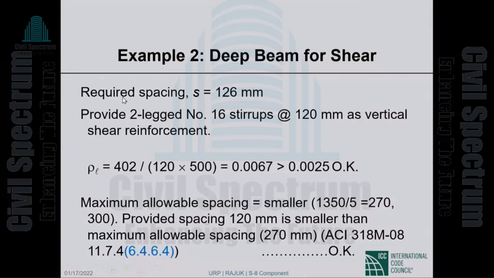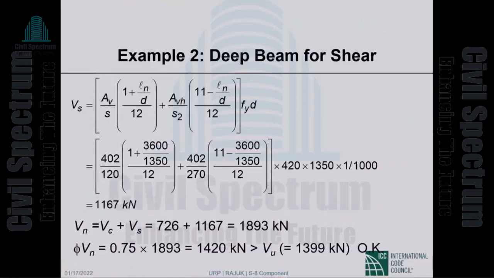That will give us a percentage of 0.0067, which is larger than the 0.0025 minimum that is needed, so that's okay. Maximum allowable spacing is 270, so 120 is totally fine. So we have decided on the vertical and the horizontal shear reinforcement. Now we will make a final check. V_s from this expression comes to 1167 kilonewtons for the exact vertical and horizontal reinforcement we have provided.